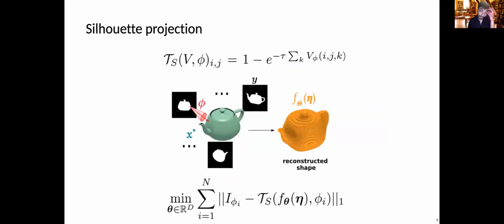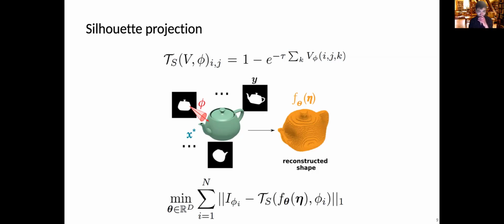So the same idea works, roughly, for reconstructing 3D shape from a bunch of silhouette images. Okay, so this is the classic problem of visual hull reconstruction, and a baseline algorithm is to simply intersect the volumes.